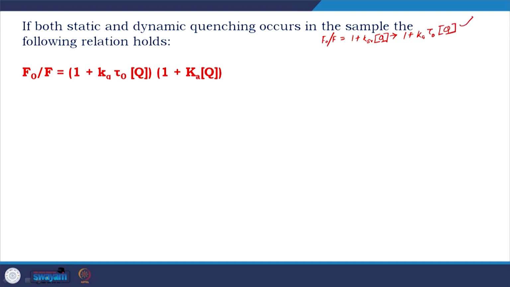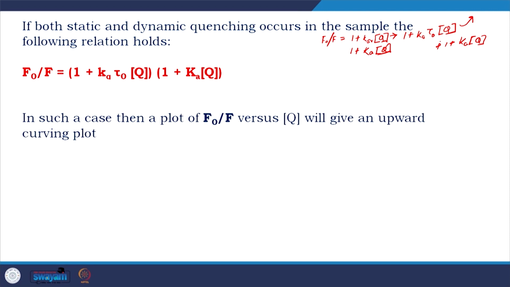For dynamic, and for static, 1 plus Ka into Q. Here they come together: 1 plus KQ tau 0 Q and 1 plus Ka Q, both factors will come and they would be multiplied.